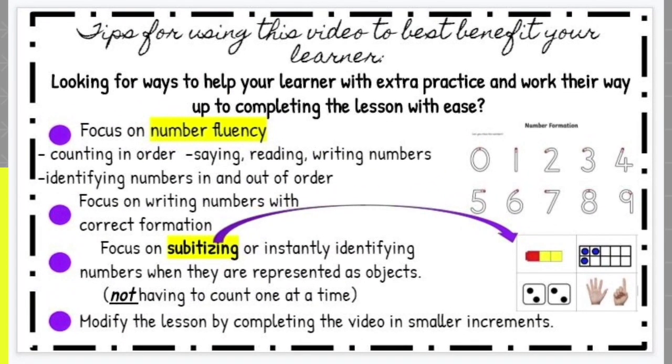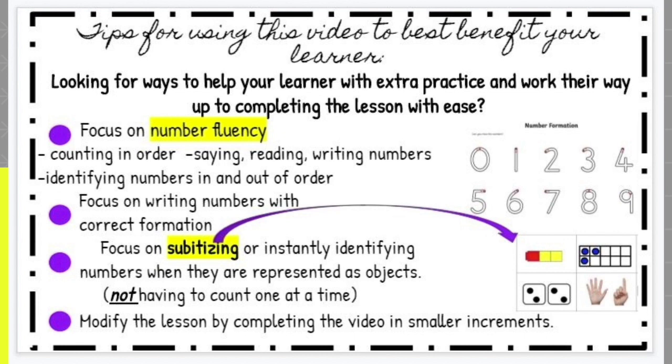Here are some tips that I put together for parents who are looking for ways to modify these lessons for their learner. The purple dots show the level of difficulty. So one purple dot is the simplest modification that I recommend. And I have several suggestions here for learners who are not quite ready to complete the entire lesson.